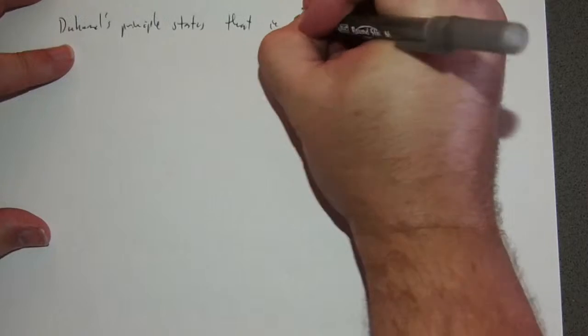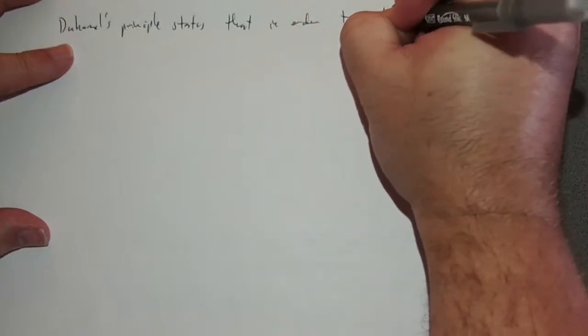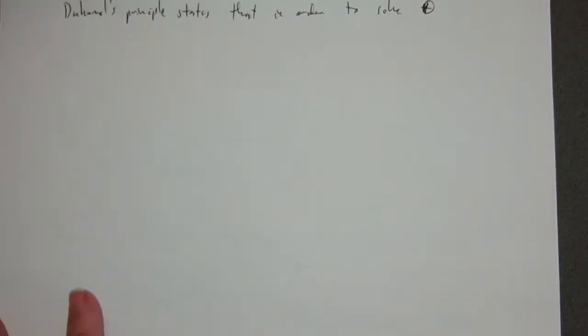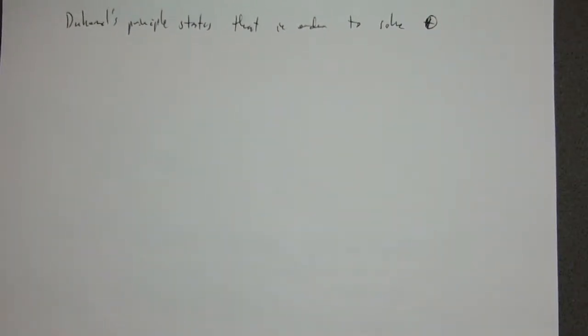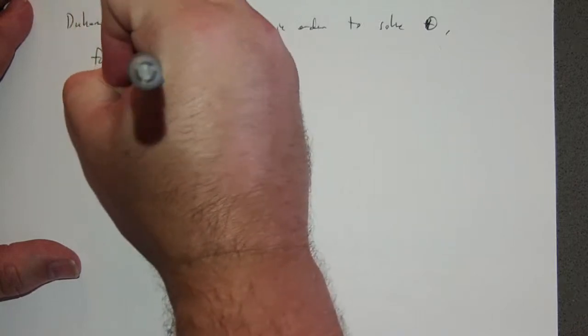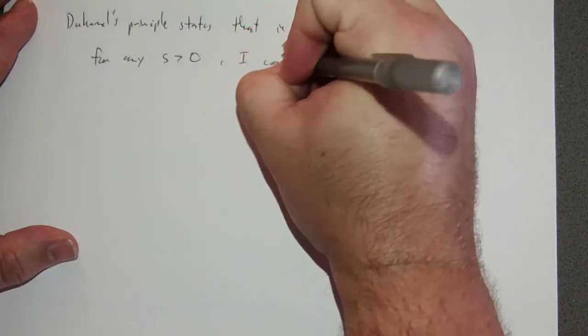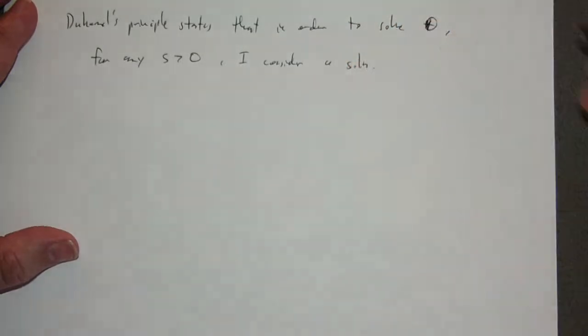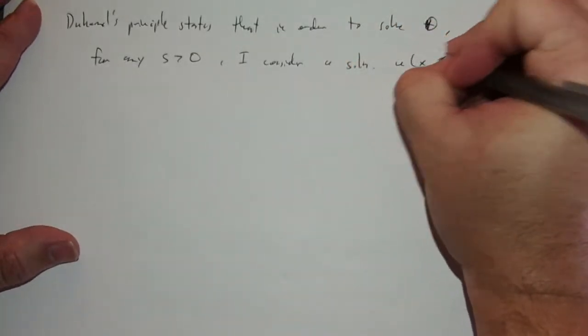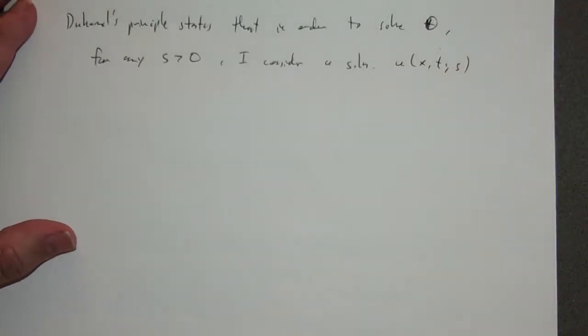Duhamel's principle states that in order to solve this asterisk problem, for any s greater than 0, I consider a solution that I write u of x, t with this new parameter s.